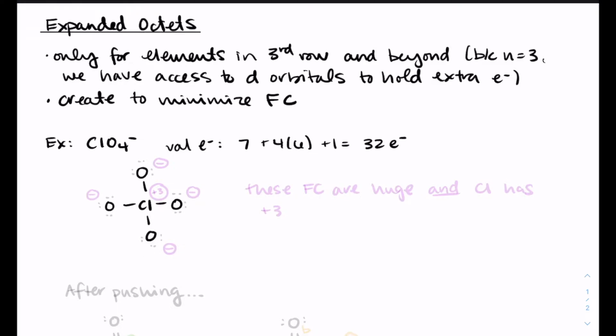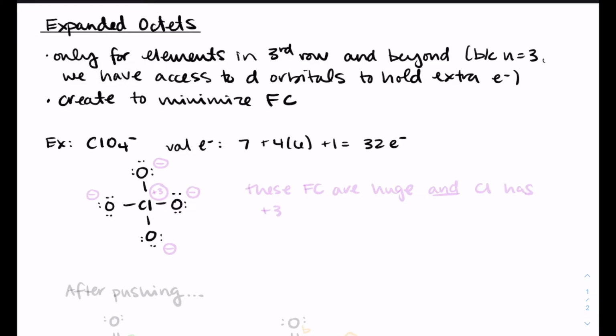Chlorine is listed first, so it's in the middle, and then I have the 4 oxygens connected to it. And then I go through and I put lone electrons around each of the oxygens. After doing this, I had 8 in my bonds, and then I add 2, 4, 6 to each oxygen. That puts me at 32 electrons.